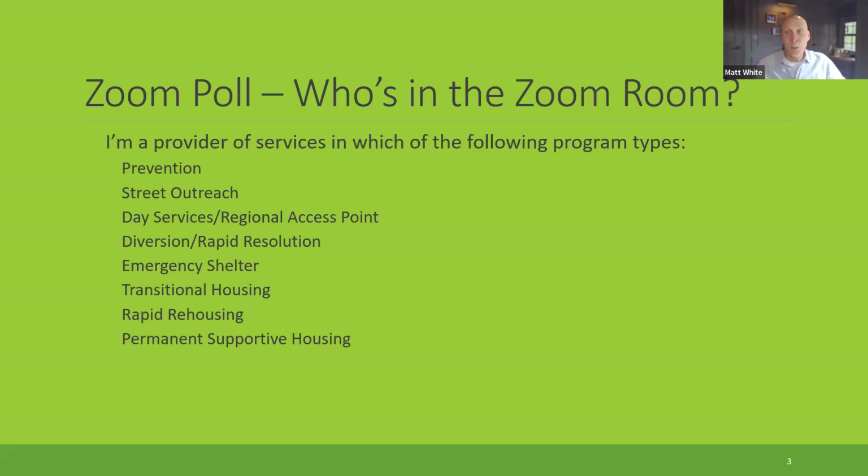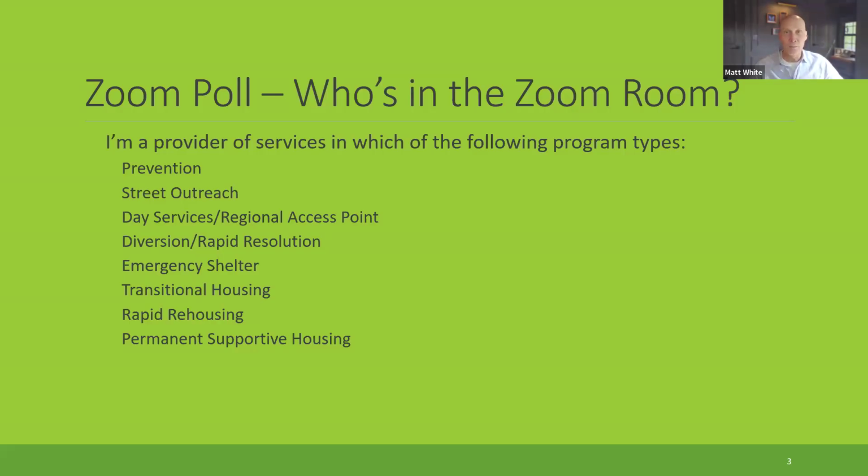Just select the one that best represents the organization or the project that you are affiliated with for the purposes of this training. There might be different projects in your agency, and you might cross-train the different ones. But we're interested primarily in that project type that is the focus for your work.